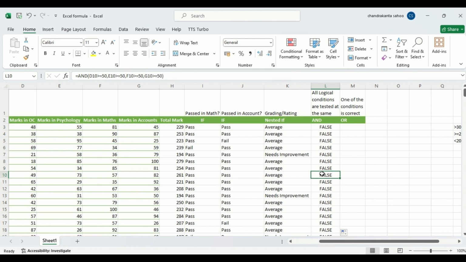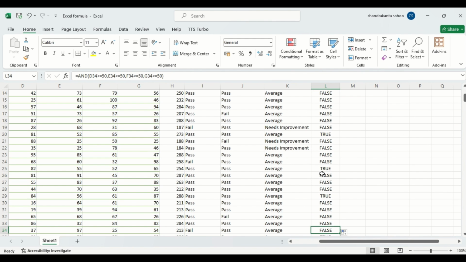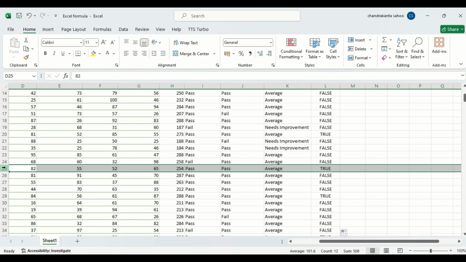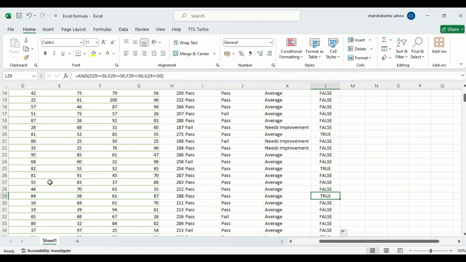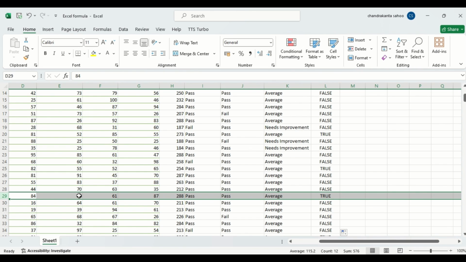You can see in most of the cases, let us see if there is any true. You can see here, this is happening. Here it is greater than 50, here it is greater than or equal to 50, it is greater than 50, and it is also greater than 50. Therefore, it is writing true here. This is the case also: 84, 56, 61 and 87. All these four values are found to be greater than or equal to 50.